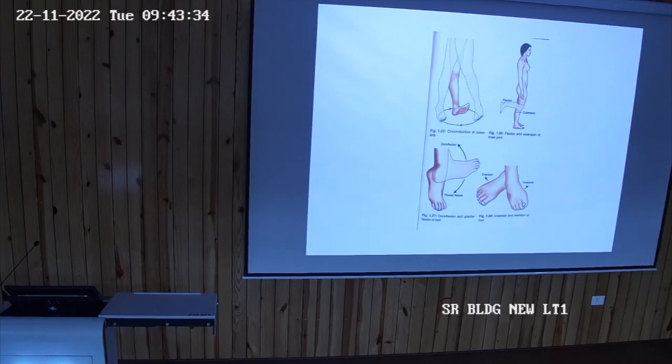Another part I want to tell you that is important. This is the hand. See the surfaces of the hand. This is the palmar surface of the hand, and this is called the dorsal surface of the hand. Okay, so keep this in your mind.